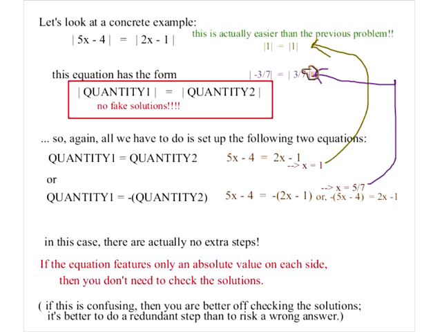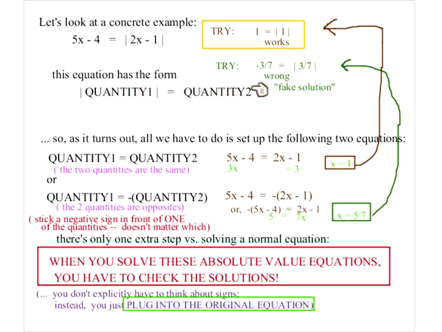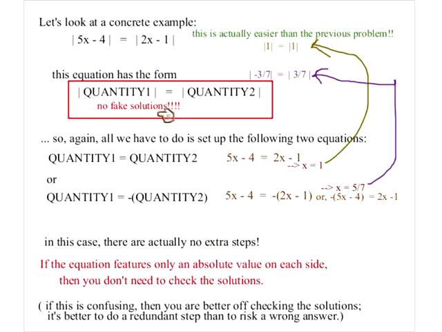So the plan here is you should, if you're 100% sure that you're going to remember one absolute value and one not means you have to plug them back in. 2 absolute values and nothing else means that you don't have to plug them back in.